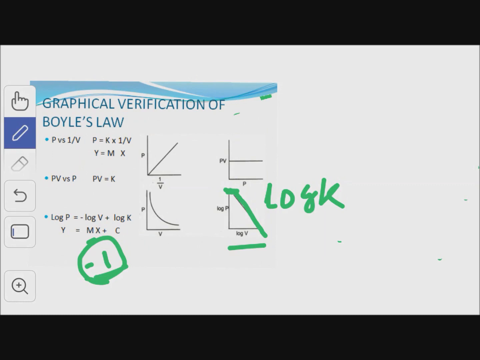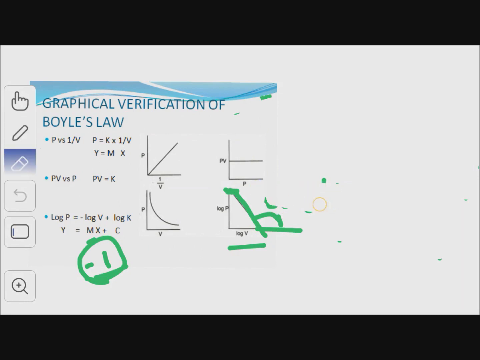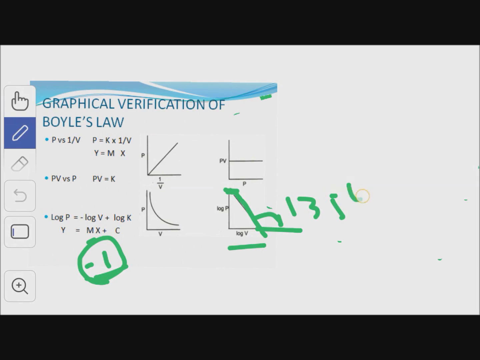Here this minus sign represents the angle, which is equal to 135 degrees. The value of tan theta here is for 135 degrees. This is tan theta.